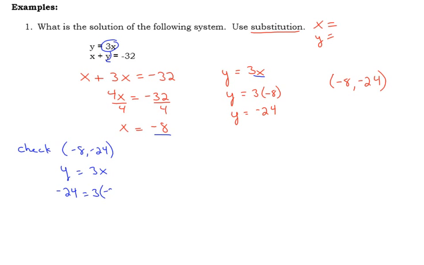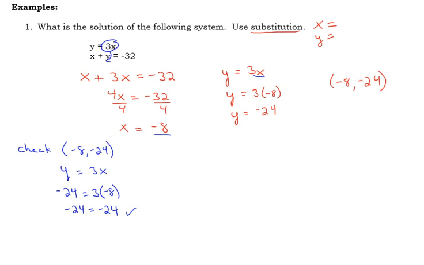The x value we found was negative 8. And 3 times negative 8 is negative 24, so that checks. That does not mean that that's the answer to the system. All that means is that the point negative 8, negative 24 is on the line y equals 3x. We have to make sure that the point negative 8, negative 24 is on both of the lines.